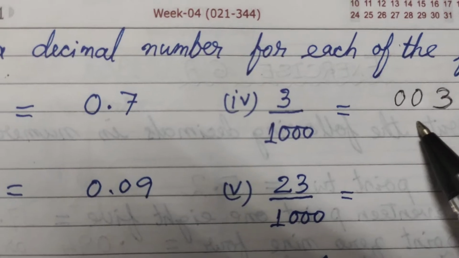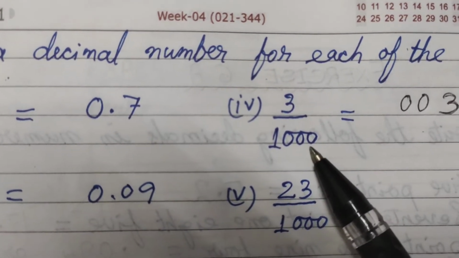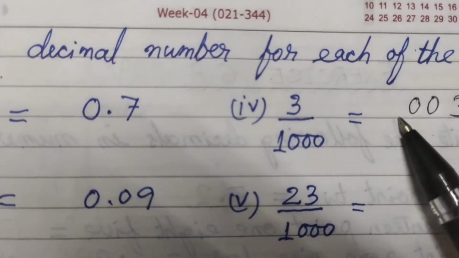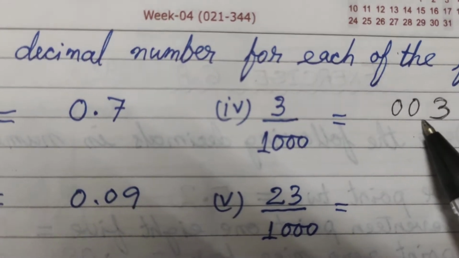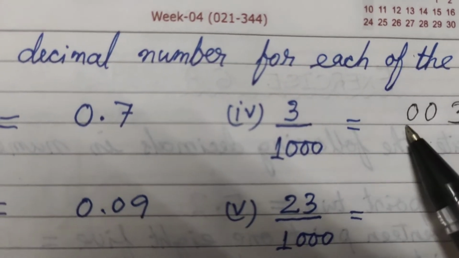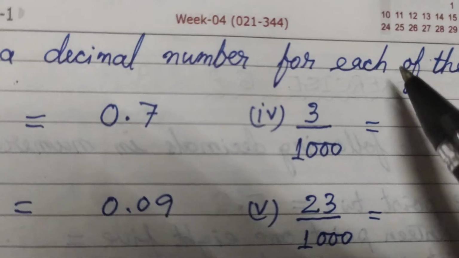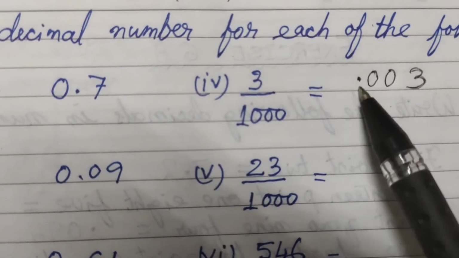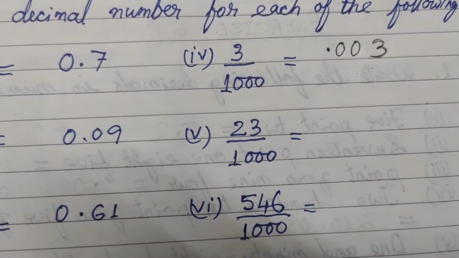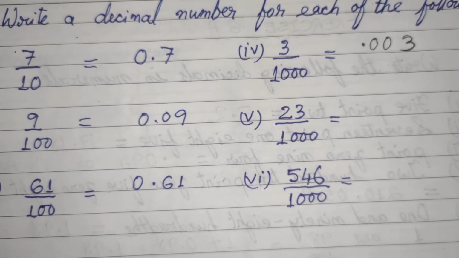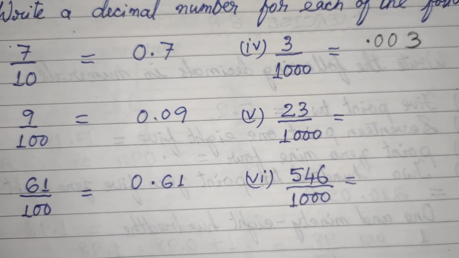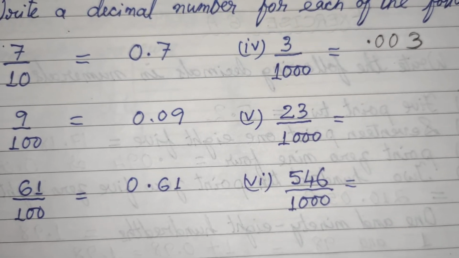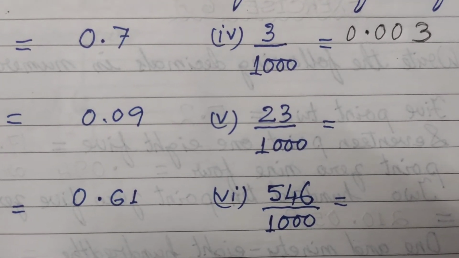Since there are a total of 3 zeros here, we need 3 digits, but 3 has only 1 digit. So 2 more zeros we give, making it a total of 3. Now you can give the point symbol. And there's a practice of giving a 0 before that point, so I am giving 0. So the answer is 0.003.